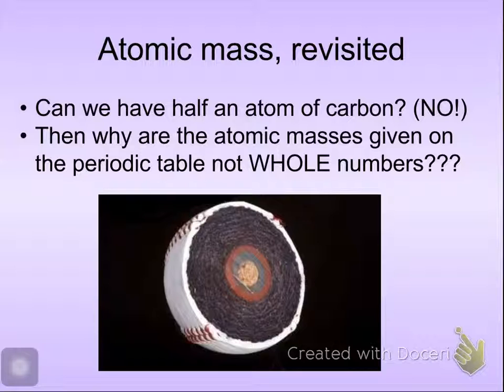How is that possible if we can't have half an atom of something? I mean, we said that these are actually the numbers of protons and neutrons. What you're looking at is half a proton or half a neutron. Is that possible? Can you have half a proton? Half a neutron? Well, then what's up with this? Is this legal? Is this even legal?